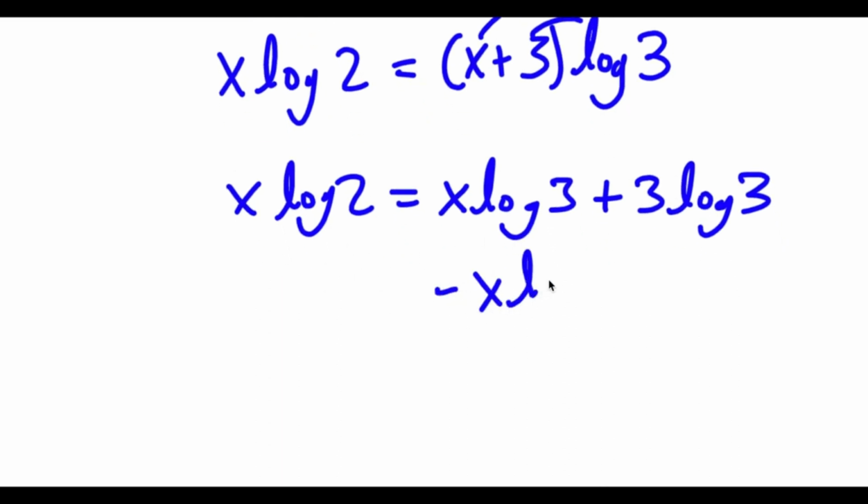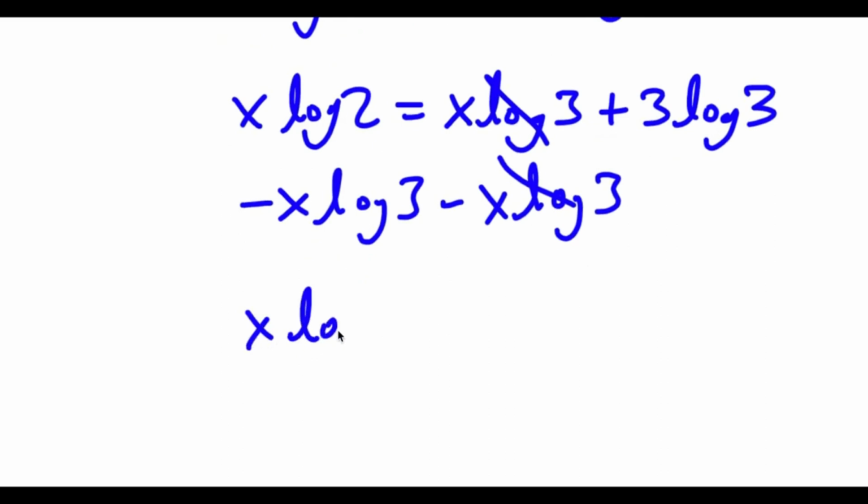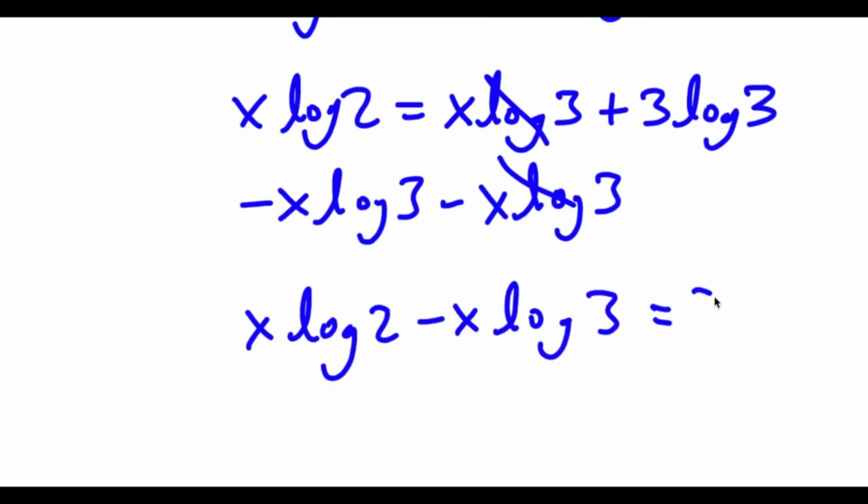Now I'm going to subtract x times log 3 on both sides. So these two cancel out, and I get x log 2 minus x log 3 is equal to 3 log 3.